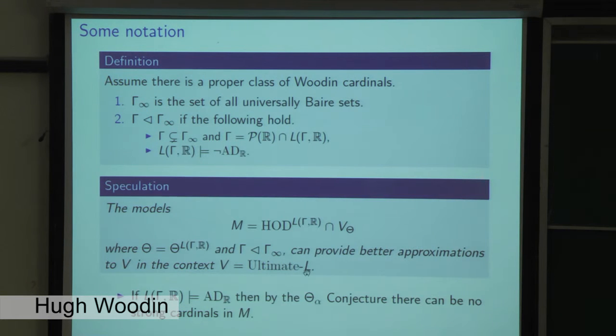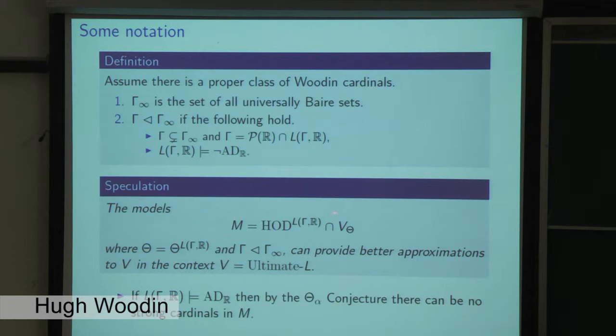Okay, so the speculation was that if you take a gamma that's properly less than gamma infinity in this sense, then these models can provide a better approximation to V in the context of V as ultimate L. The idea being here is, well, wait a minute, theta is a Woodin cardinal here.